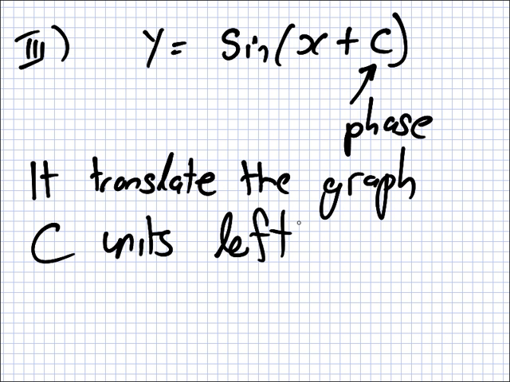And the effect of the minus is to move it right. If c is positive, it translates the graph c units left; if c is negative, then that means you translate right.